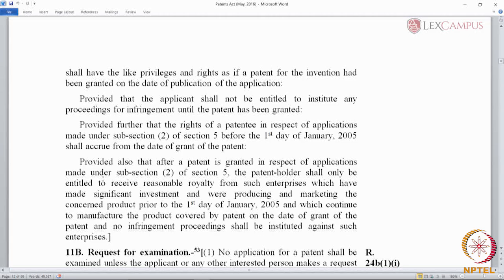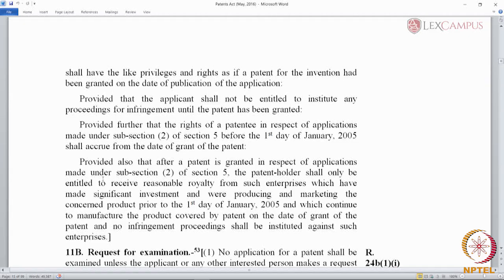Now, we saw in a patent infringement suit the reliefs could be broadly of two types. Section 108(1) tells us that you could stop the person from doing the infringing activity, that is what we call injunction, or you could have compensation, a relief in money. The relief in money could be damages or account of profits.